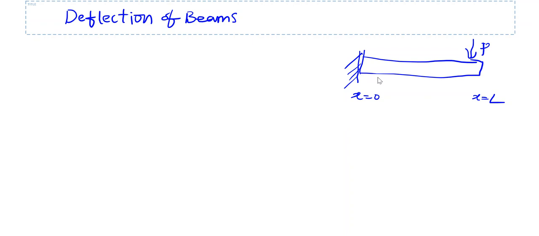Now, after application of load, the beam axis, which is initially straight like this, will bend, will take this kind of curve.